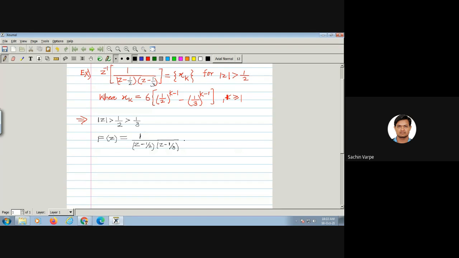This is a upon z minus half plus b upon z minus 1 by 3. So a is 6 and b is minus 6. So 6 into 1 upon z minus half minus 1 upon z minus 1 by 3.